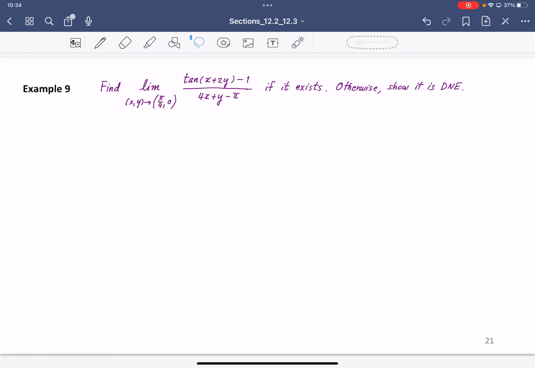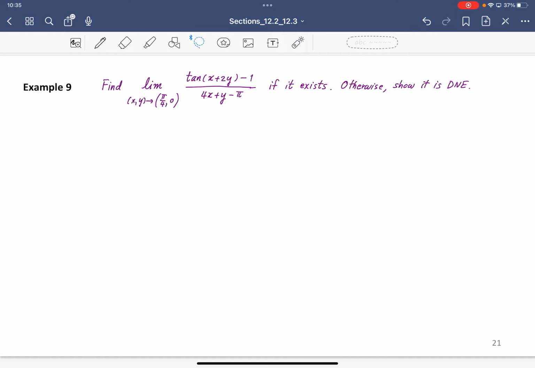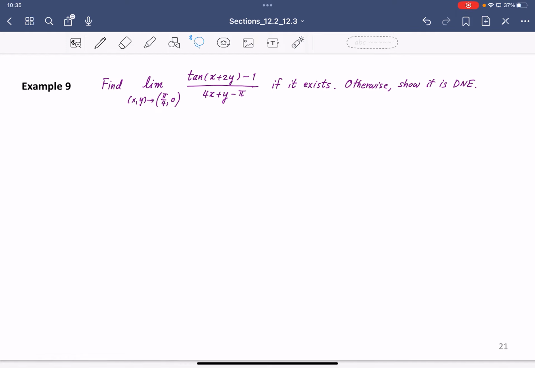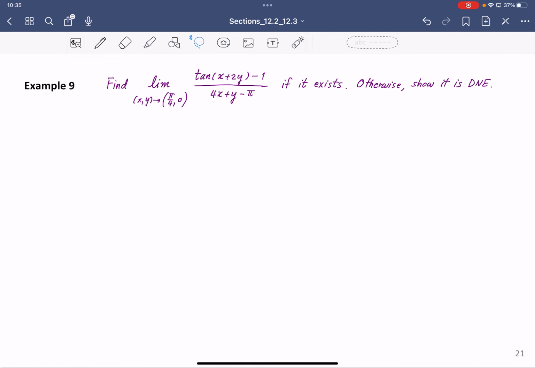So find the limit. Before I typed something but I deleted it, because I want to give you a harder question. This is a challenge, and it's hard to think about, but the solution is actually simple. Find the limit of (x,y) going to (pi over 4, 0).